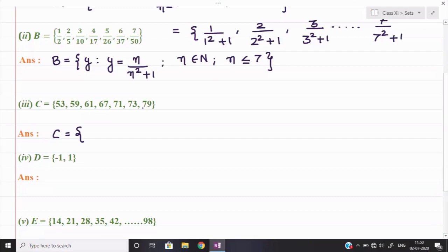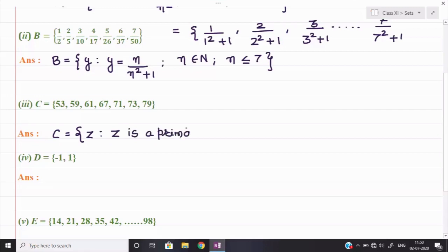Second thing, these all numbers, if you see carefully, they all are lying between 50 and 80. So see how we can define here. I will take an element z such that z is a prime number.